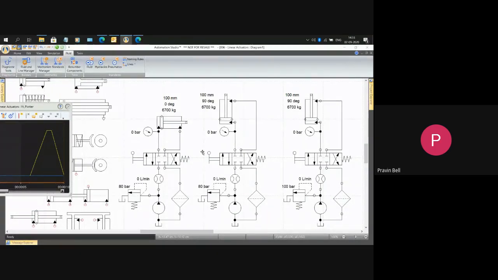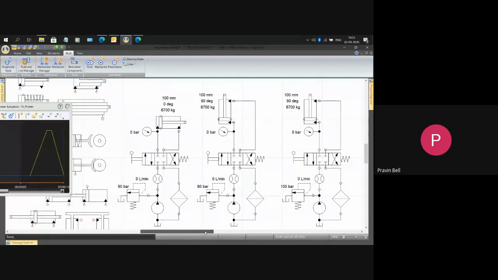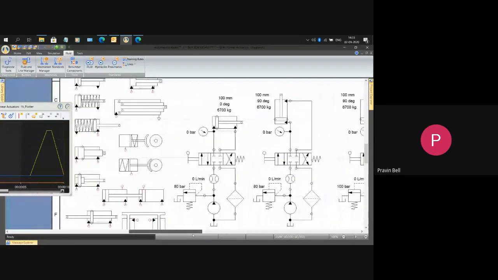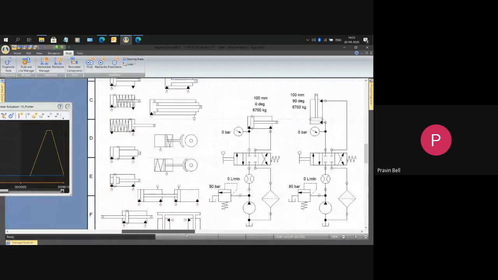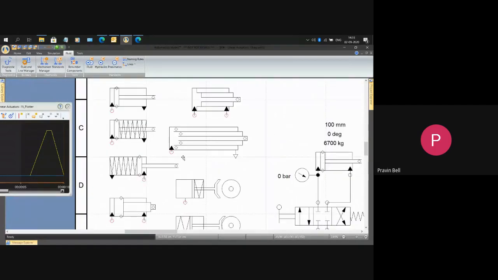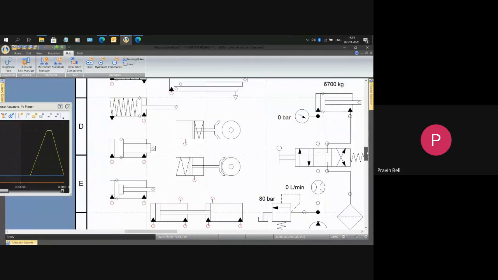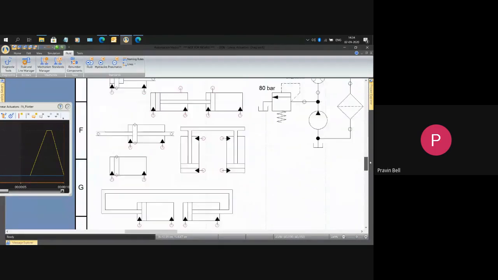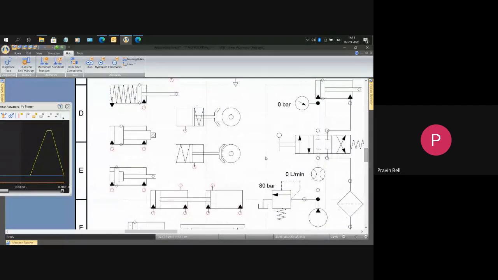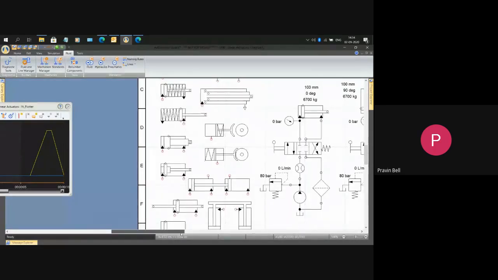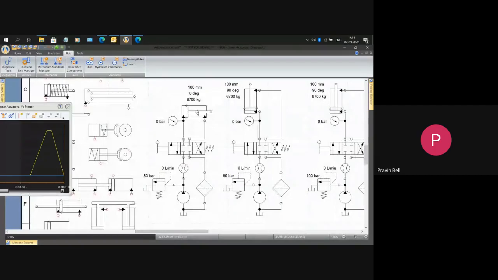So we have defined here different scenarios as to how you do a practical for study of linear actuator. Number one, in the market, there are different types of actuators: single acting, double acting, with spring, spring on both sides, telescopic cylinders, brake cylinder. There's an entire list of actuators in Automation Studio. But in our example, let's take a simple double acting piston.